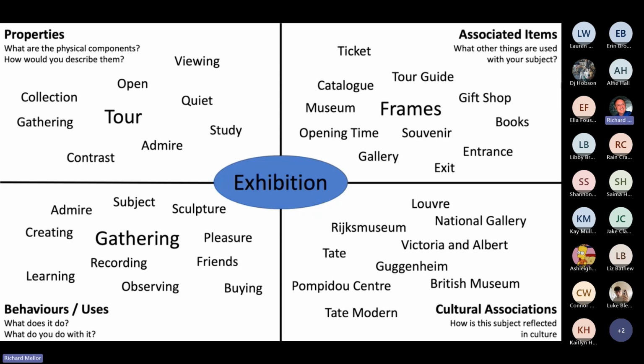And then behavior, we've got gathering of people, pleasure, friends, buying, observing, learning, and creating. And then cultural associations, instead of artists, we've got exhibitions like the Louvre, or the National Gallery, Victoria and Albert, the Guggenheim, British Museum, Tate Modern, etc. Then we can visualize that.